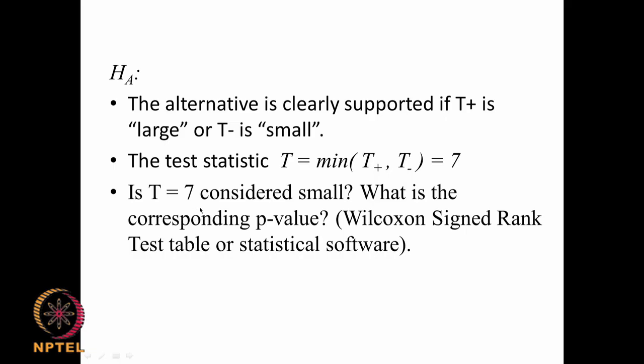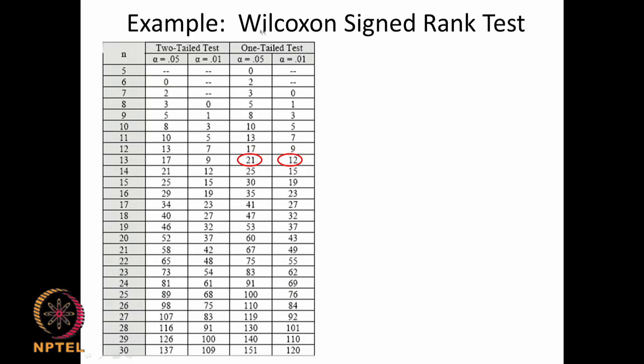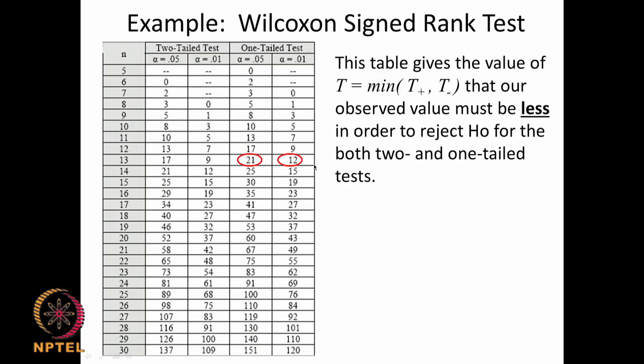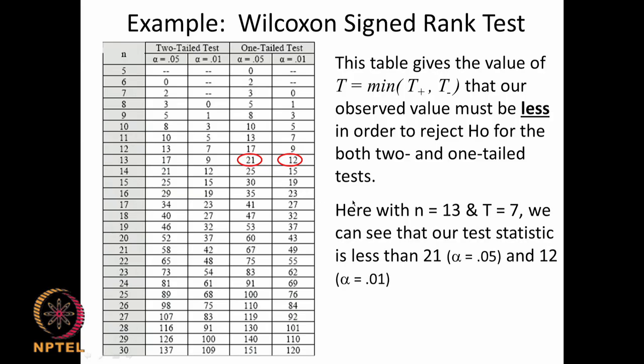Now is T equal to 7 much smaller? Then we calculate the p value using the Wilcoxon signed rank test table. So we have the number of data points, and we have the two tailed and one tailed. Let us look at the one tailed.